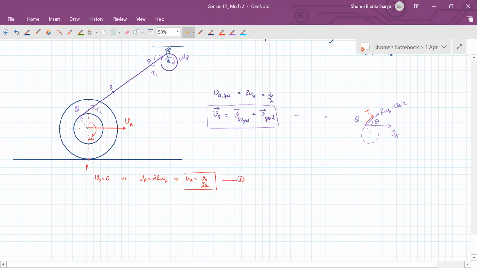So this relation I've tried to show you. This is the velocity of the spool, and this is the velocity of Q with respect to the spool. This relation.